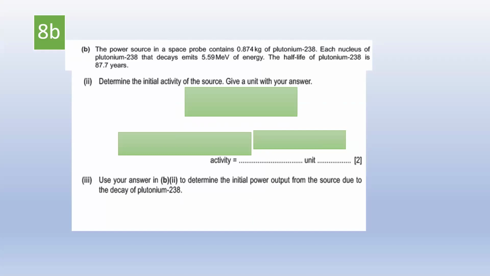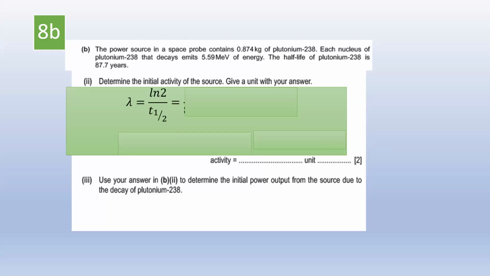Determine the initial activity of the source. Give unit for your answer. First you find your lambda, the decay constant. I can use ln 2 over half-life, or 0.693. And this is in years.